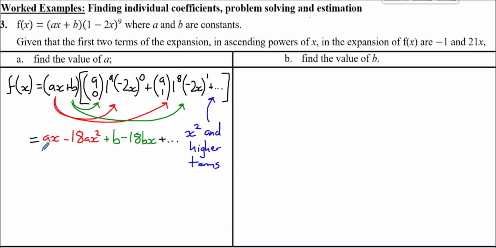So we need to equate the constant terms to equal -1, and the x terms must have a coefficient of 21. And so now, let's just think about all the constant terms. Well, ax involves an x. This is a term in x squared, so this one we don't need to worry about at all. This is a term in x. The only constant term here is just b. And so b must be -1.